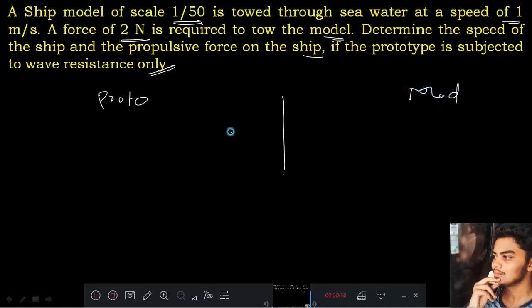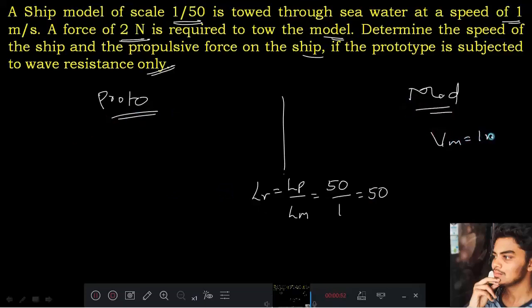1 by 50 is the length ratio, which is given by Lp by Lm equal to 50 by 1. Further, they have given the speed of the model, Vm equal to 1 meter per second, and the force of the model, Fm equal to 2 Newton. First, we need to find the speed of the prototype. We have one formula, Vp by Vm equal to root of Lp by Lm.